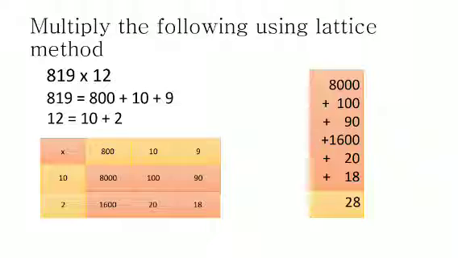So we will write 2 and 1 carry. 1 plus 0, 1, and 1 plus 1, 2, 2 plus 6, 8. Now at the thousands place, 8 plus 1, 9. So we got the product 9828. We will write answer 819 into 12 is equal to 9828.